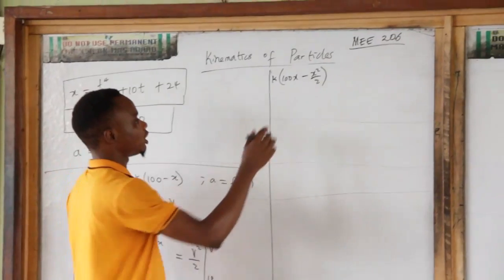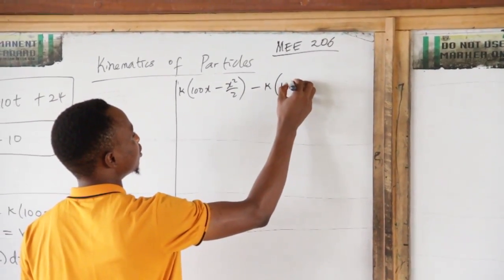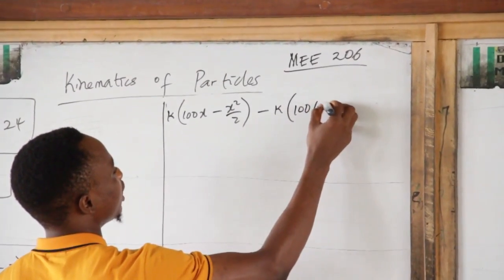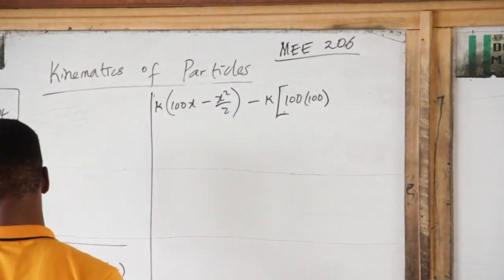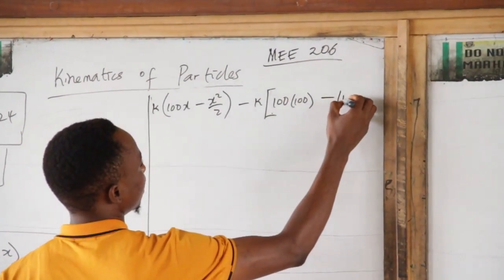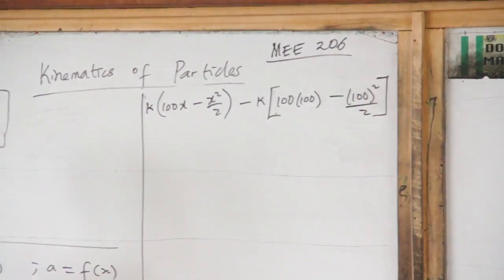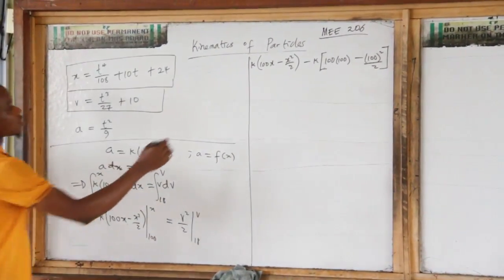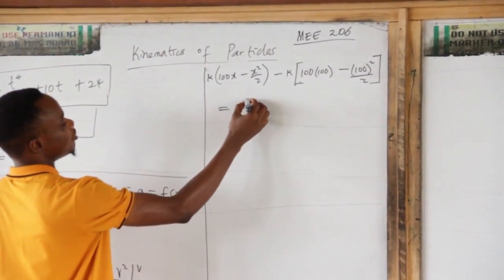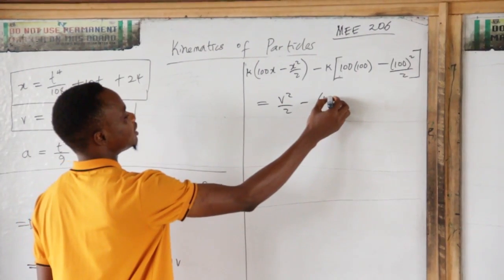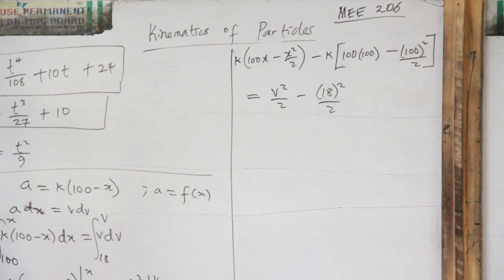When I substitute 100, I'm going to have minus k into [100 multiplied by 100 minus 100 squared over 2]. That's what I will have on the left hand side, equals the right hand side: v squared over 2 minus 18 squared over 2. Is that clear?